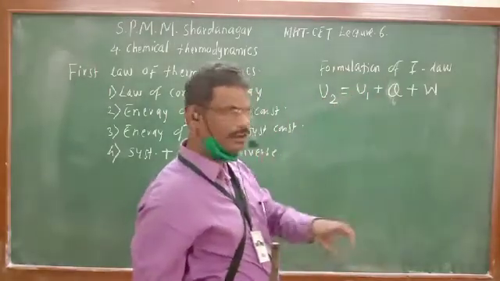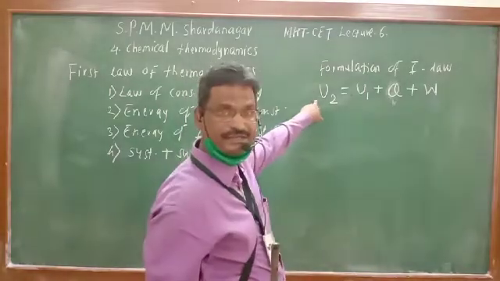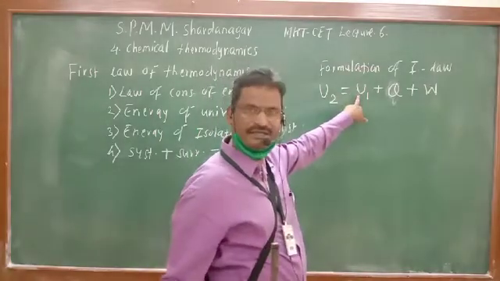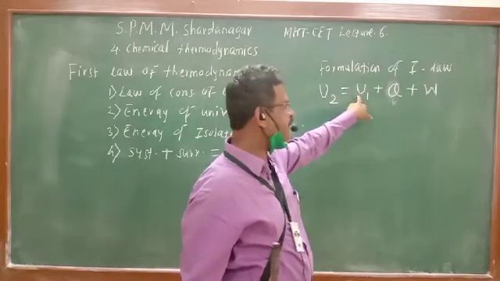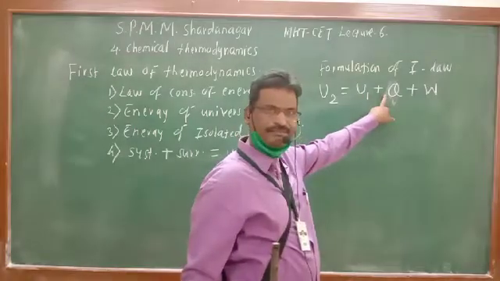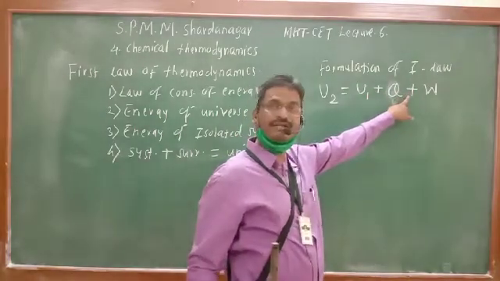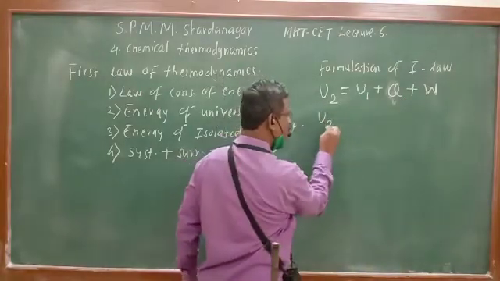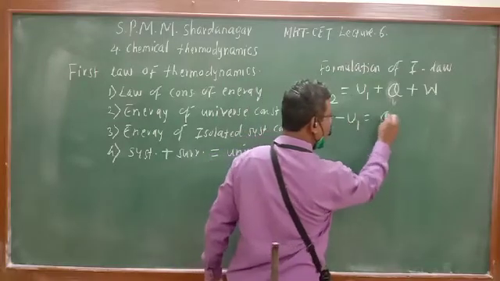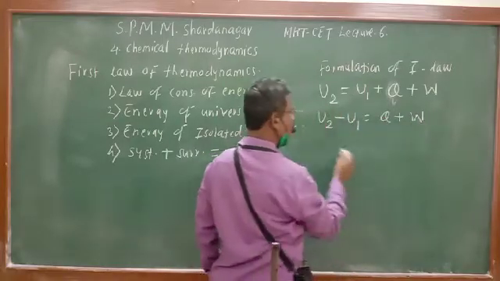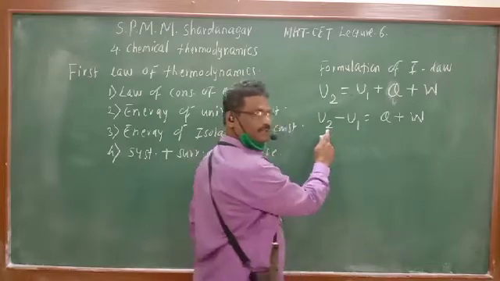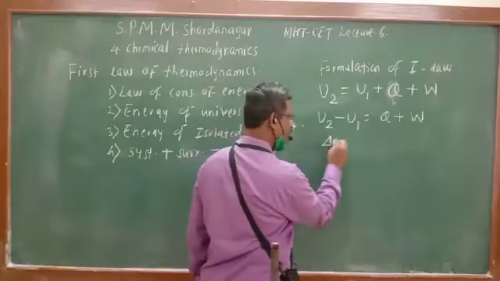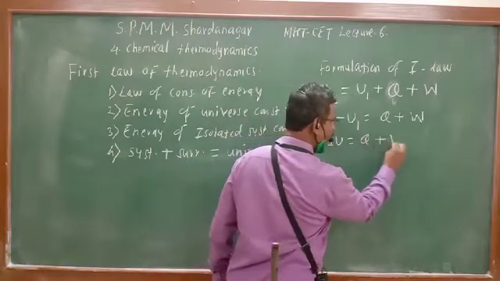So the internal energy in the final state of the system is a summation of the internal energy in the initial state of the system, the heat absorbed by the system, and the work of compression, that is work done by surrounding onto the system. Therefore, from this equation, U2 minus U1 will be equal to Q plus W, and U2 minus U1 is the change in internal energy, that is delta U will be equal to Q plus W.